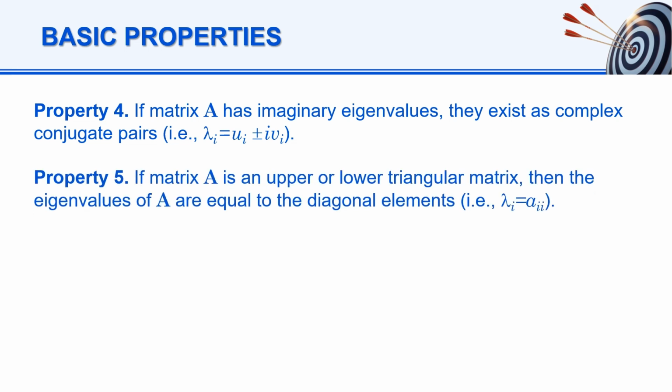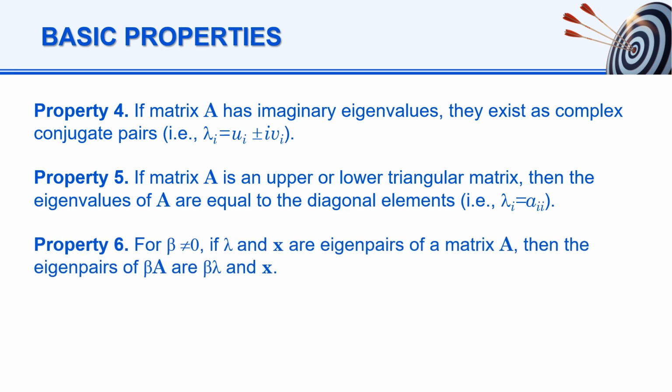If matrix A is an upper or lower triangular matrix, then the eigenvalues of A are equal to the diagonal elements, i.e., λ_i = a_ii. Property 6. For a non-zero scalar β, if λ and x are eigenpairs of a matrix A, then the eigenpairs of βA are βλ and just vector x.